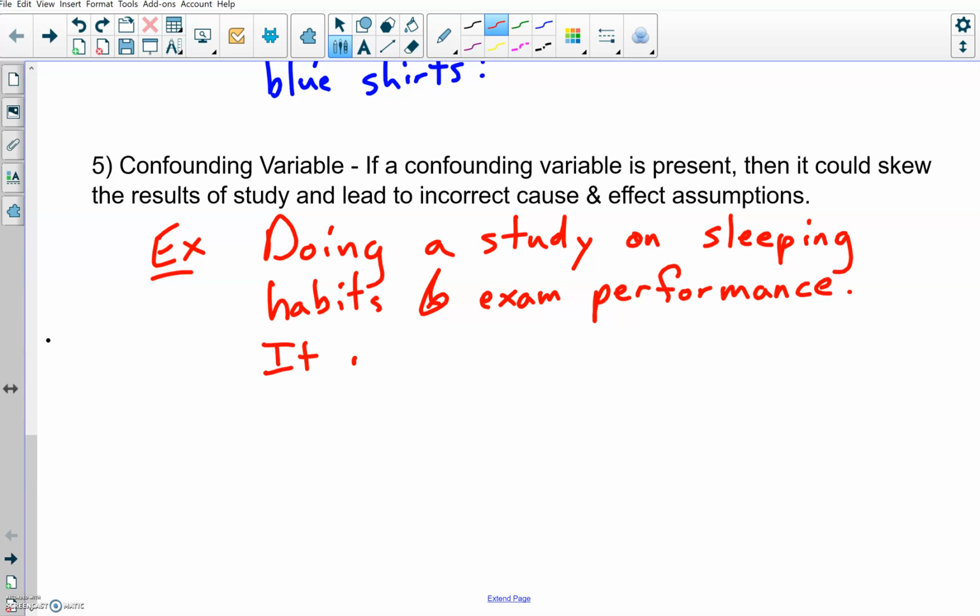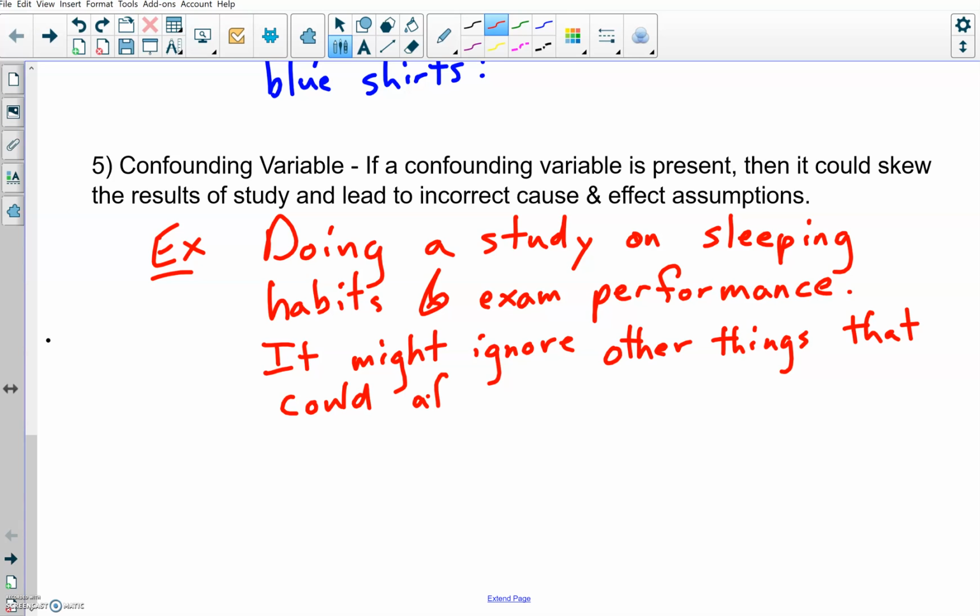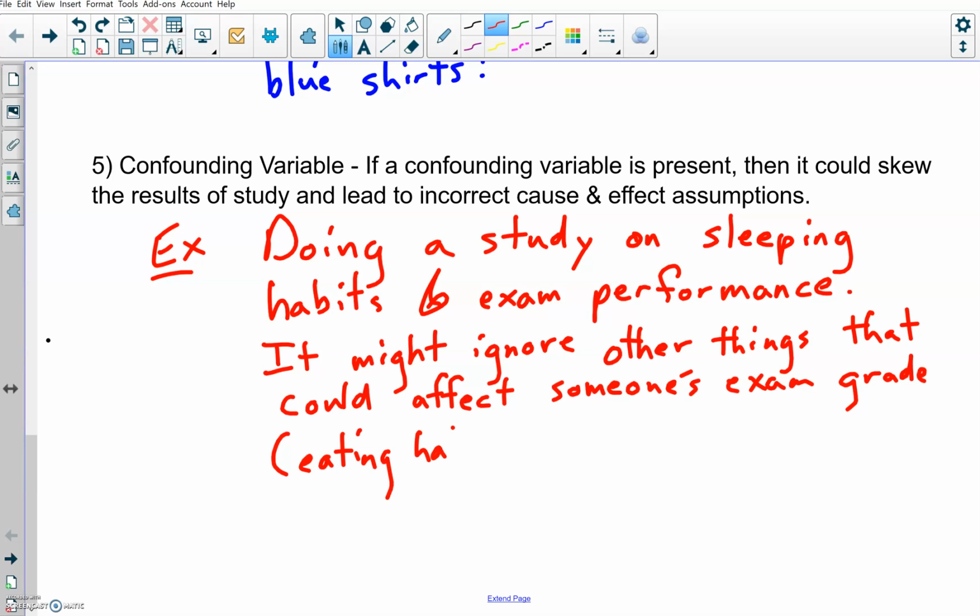It might ignore other things that could affect someone's exam grade, for example, eating habits. If you haven't eaten, it's hard to focus. Study time.